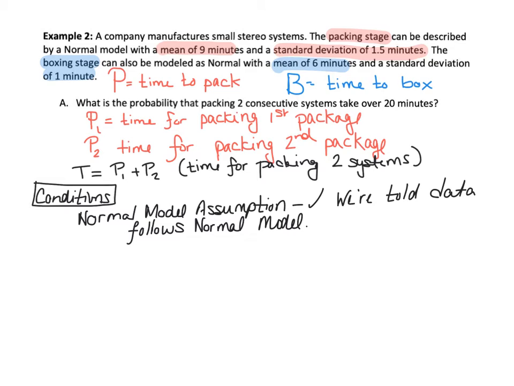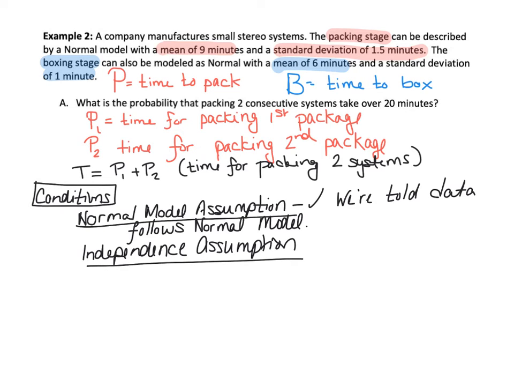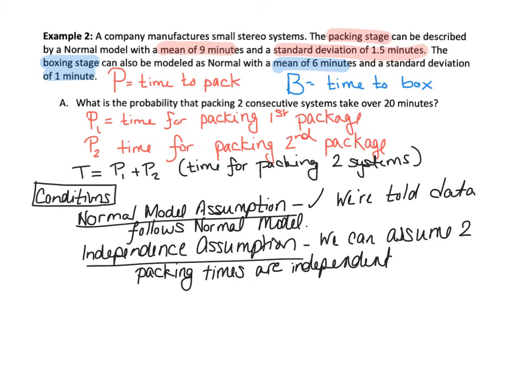And the next thing that we have to do is we've got to check for independence. And why do we have to do this? Well, we learned before that in order to combine our standard deviations, you can only do that if we have independence. So our independence assumption, we can assume 2 packing times are independent.